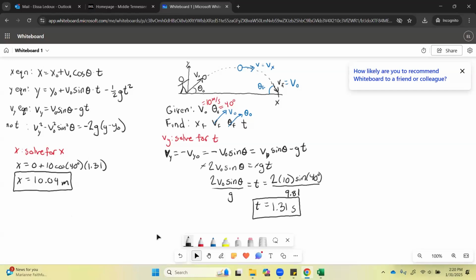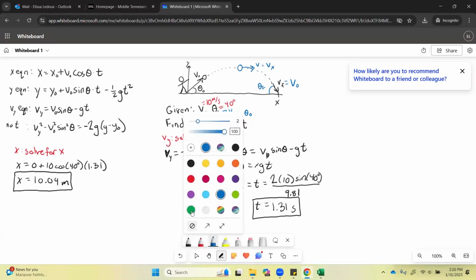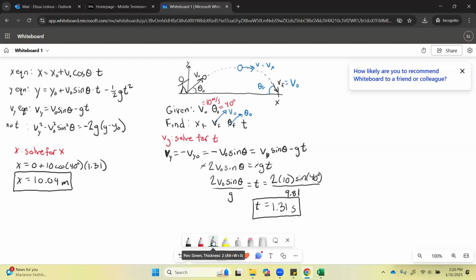So now we'll do a variation of the problem, and in this case, we will say that he's kicking it sort of off a cliff. Okay, so here we're going to say that we have this initial height, h. And let's say that h equals 3 meters.